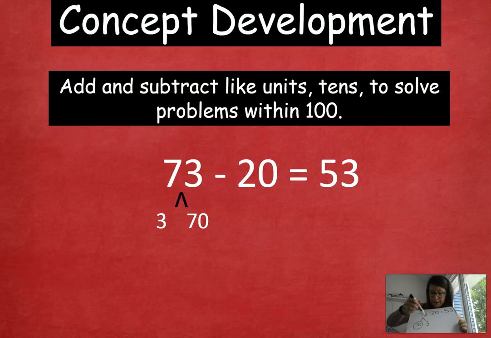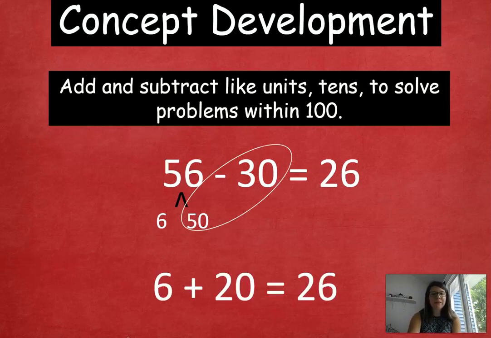So we're going to take 70 and 20, and we are going to subtract. 70 minus 20, same facts that we've been working with, would be 7 tens minus 2 tens, which would equal 5 tens. So that's 50. So we get our 50 plus our 3 extra ones from right here equals 53.